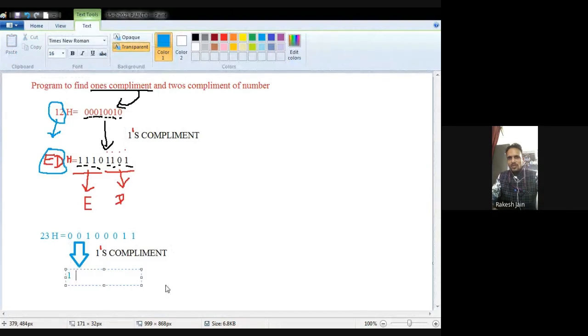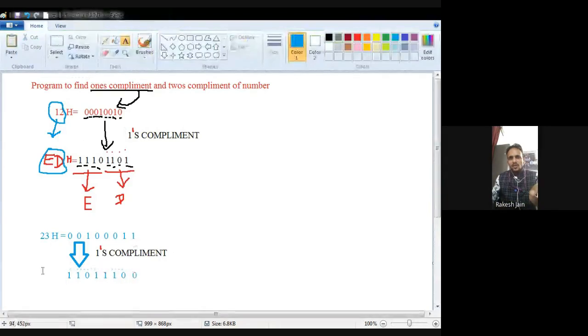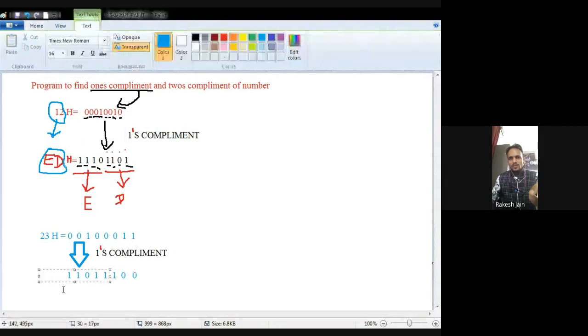Then 1, so I put 0. Then three times 0, so three times I put 1. Then two times 1, so I put two times 0. So what is the answer? The representation is 1101, that is D, and then 1100, that is C. So it will be DCH.